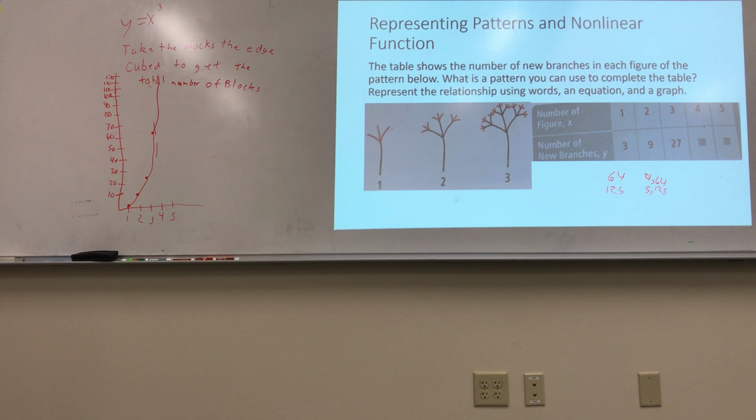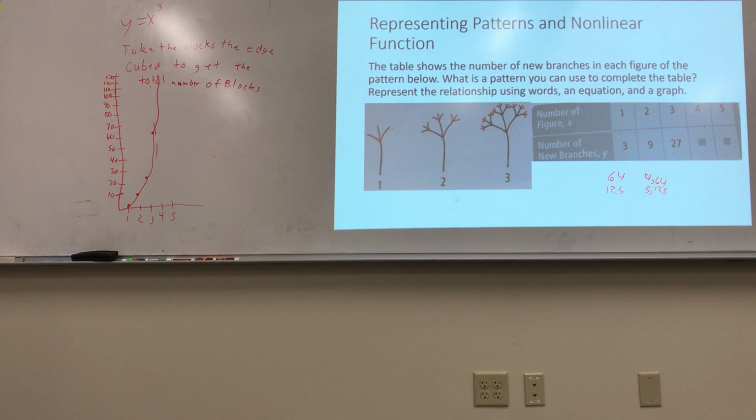Oh joy. Alright, so what is the pattern? Well, I would say we're doing cubed again. No, we're multiplying by... interesting. Okay, we go to 1, 3, we go to 2.